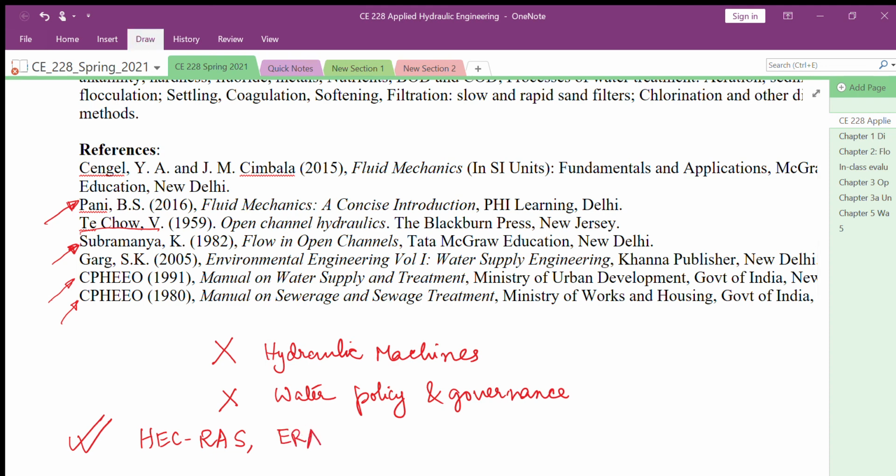Sorry, so that's EPA, not Europe. Sorry, Environment Protection Agency of the United States. So it's US EPA, EPANET. And then on the water hammer analysis, we may look at some software such as Allievi.